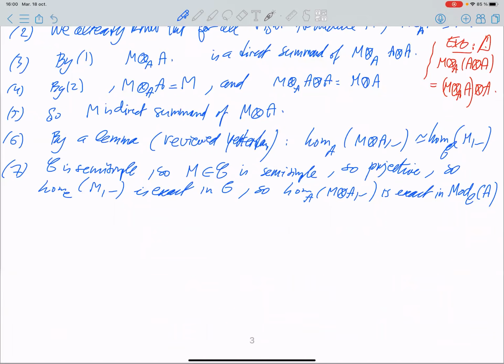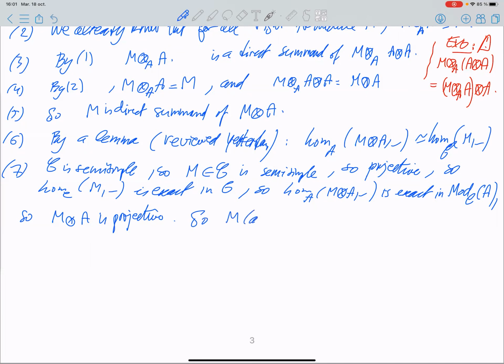And so, by definition, M tensor A is projective, and any summand is projective also.